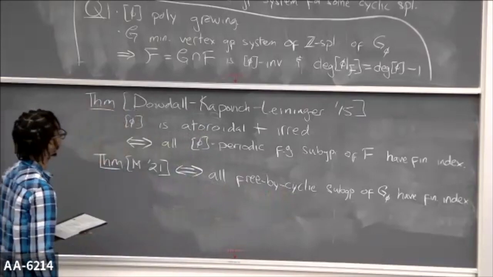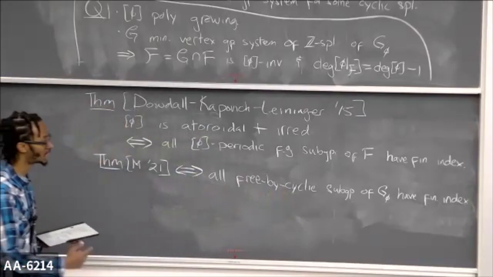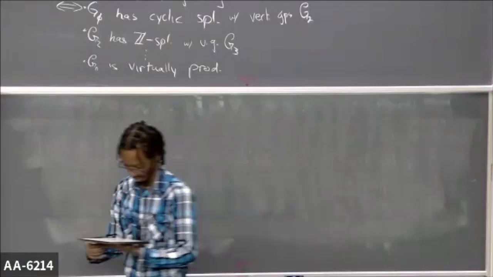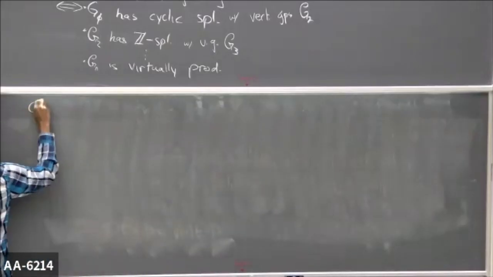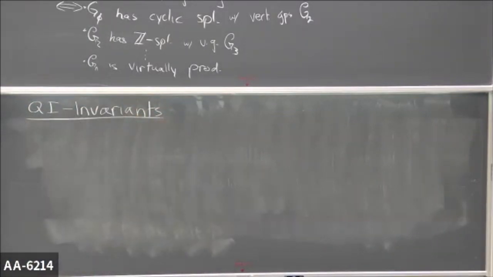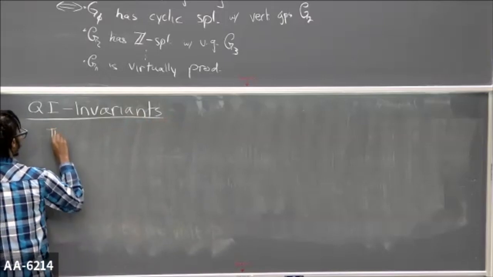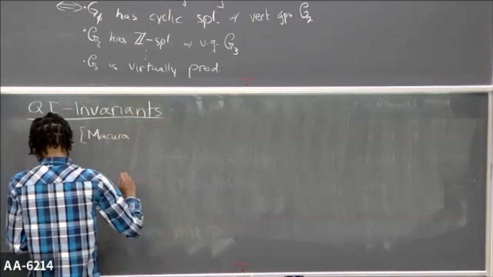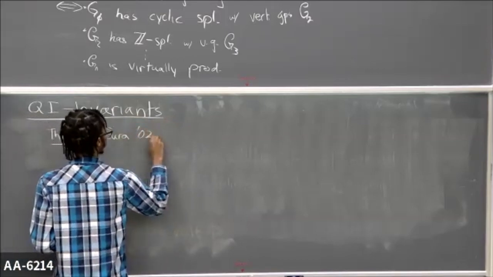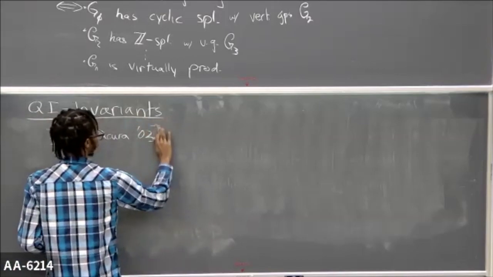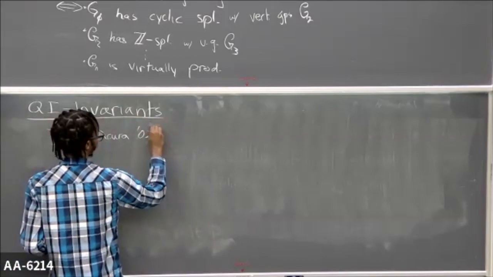Okay, and then now let's talk about geometry. QI invariance. We've talked about group invariance. Now QI invariance. Theorem of Macura from 2002. All right.